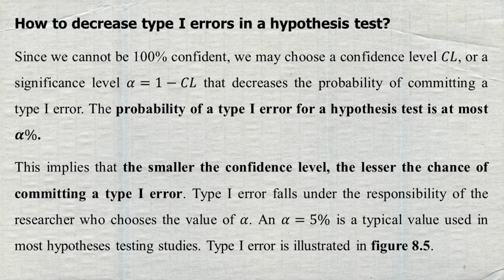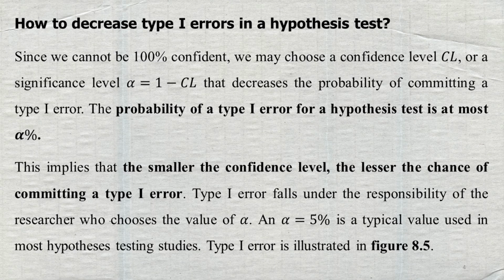This implies that the smaller the significance level, the lesser the chance of committing a Type 1 error. Type 1 error falls under the responsibility of the researcher who chooses the value of alpha. An alpha equals 5% is a typical value used in most hypothesis testing studies.